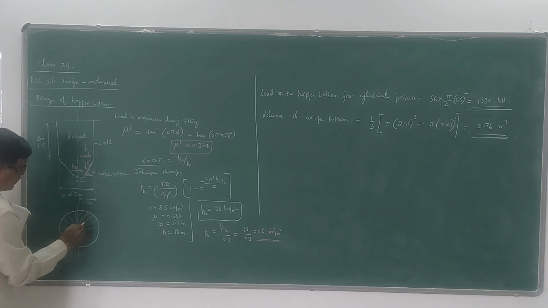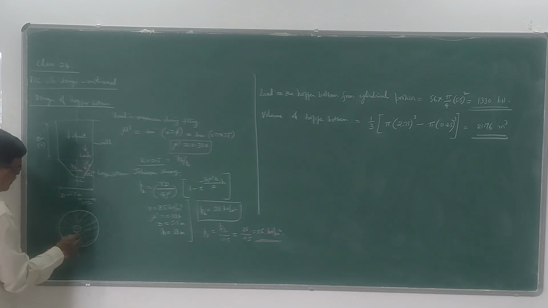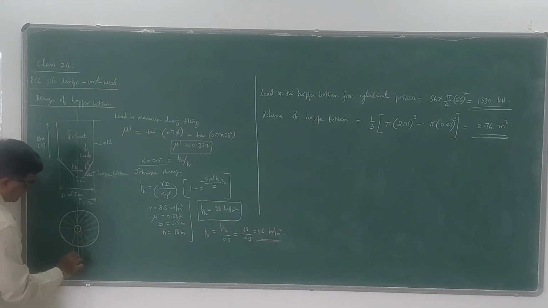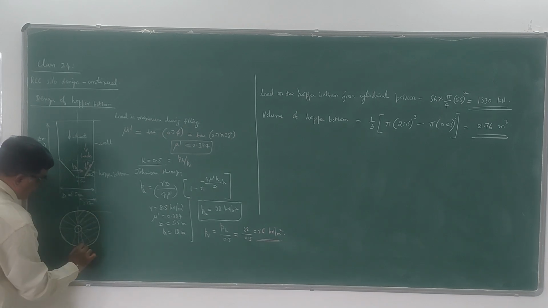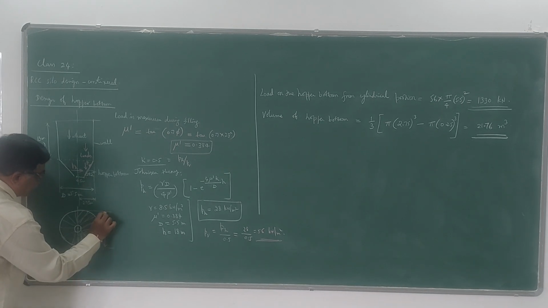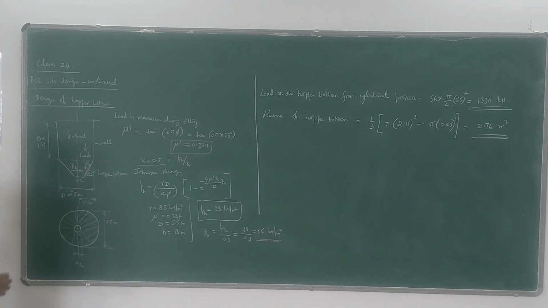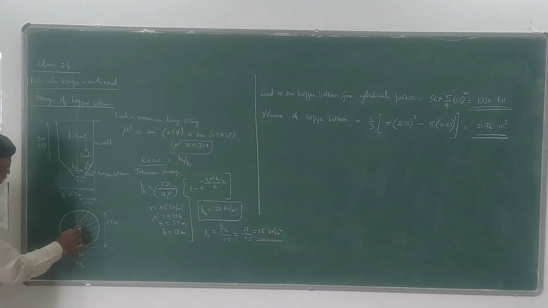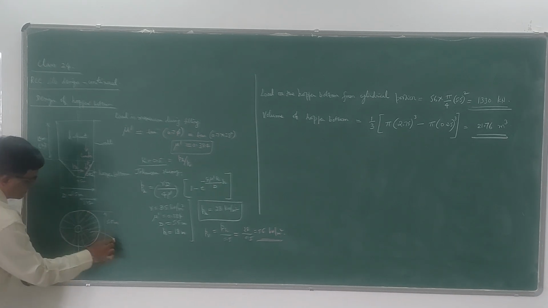So whatever wheat is stored in this portion, because this is a 0.5 meter opening and the total diameter is 5.5. Okay, so only whatever this upper bottom portion is, this much.